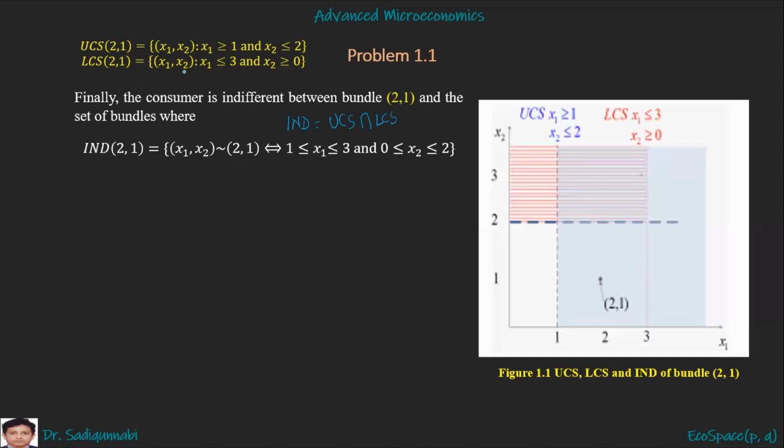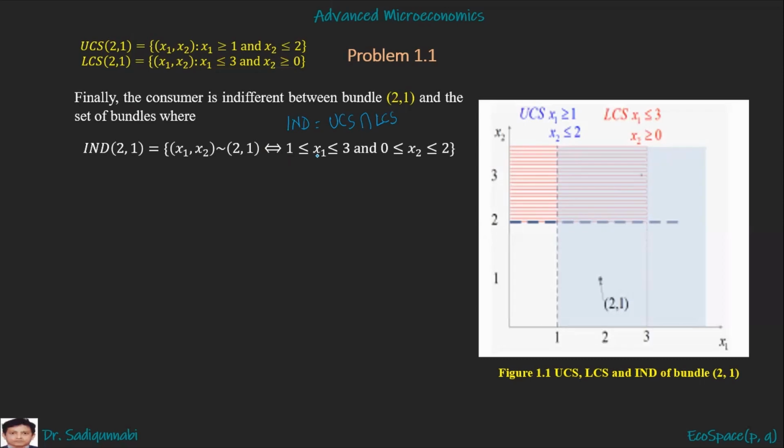We see that in the upper contour set x1 is greater than or equal to 1, and in the lower contour set x1 is less than or equal to 3. So the range for x1 in the indifference set is x1 greater than or equal to 1 but less than or equal to 3.